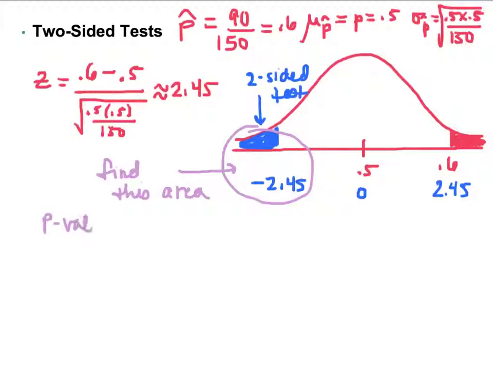So my p-value, because remember my table always gives the area to the left, so I want to use the negative one. My p-value will be 2, because it's a two-tailed test, times 0.0071, which is 0.0142. And now that we're done, we just have to make a decision.